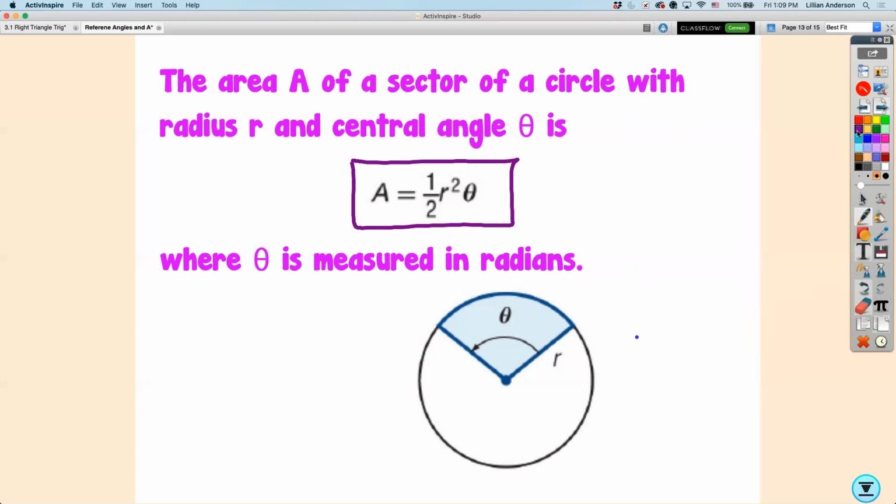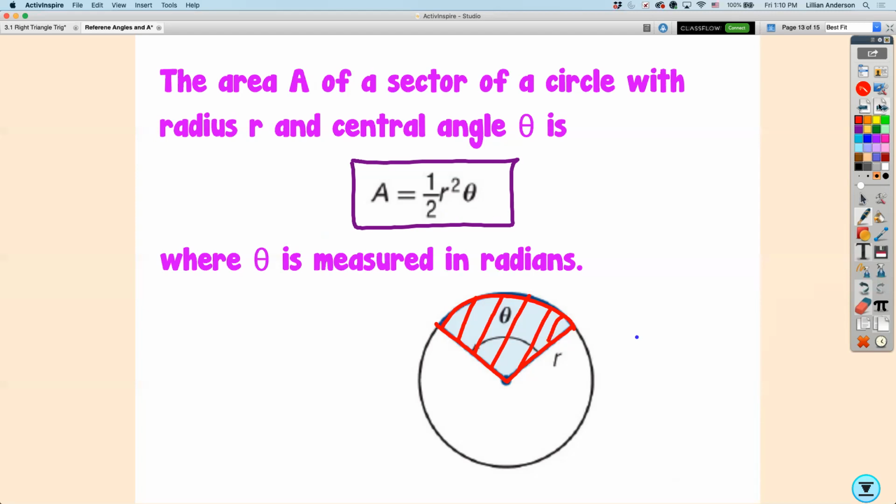Sector area is like that piece of pizza that you take out of the pie. So you're finding essentially a part of the area of the entire circle. You take the radius, square it, multiply by the central angle in radians, and then divide by 2. Simple enough, yeah?